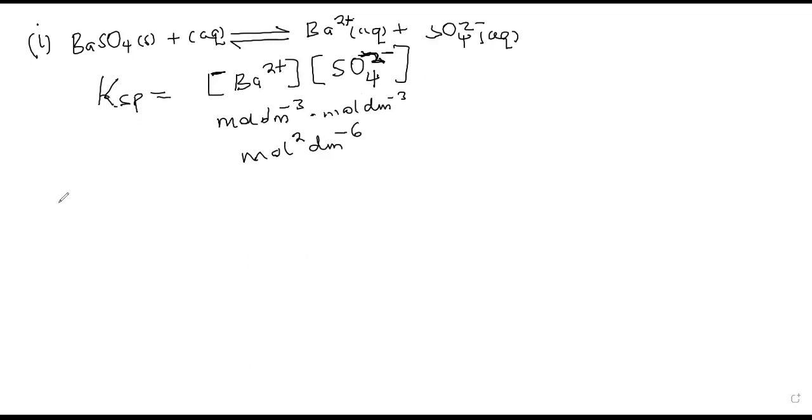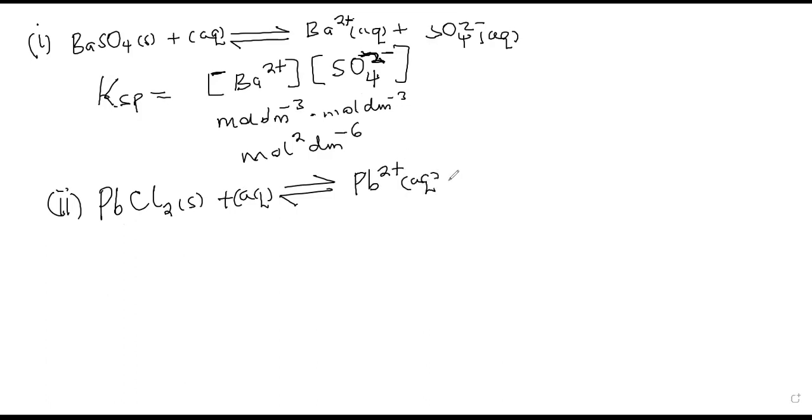Then for number 2, lead(II) chloride. For lead(II) chloride, we shall have lead(II) chloride solid plus water, establishing equilibrium, forming lead(II) ions and 2 chloride ions.